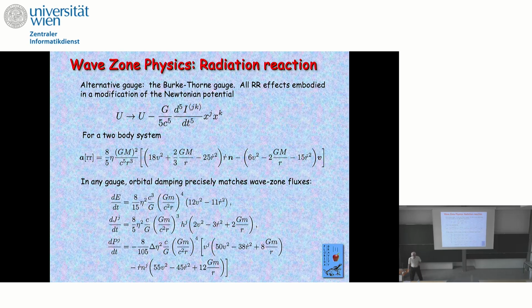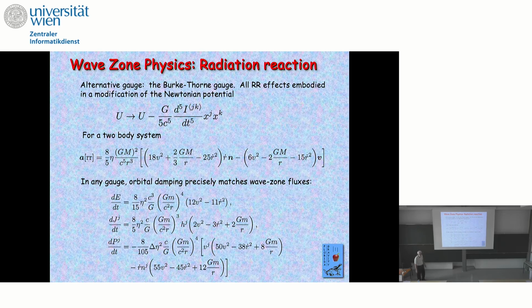And then you can verify, using either this version or the version on the earlier slide, they're just related by a coordinate transformation, you can verify precisely that the forces within the system that cause its orbit to change exactly agree with the energy loss that you calculated for infinity, both energy, angular momentum, and linear momentum.